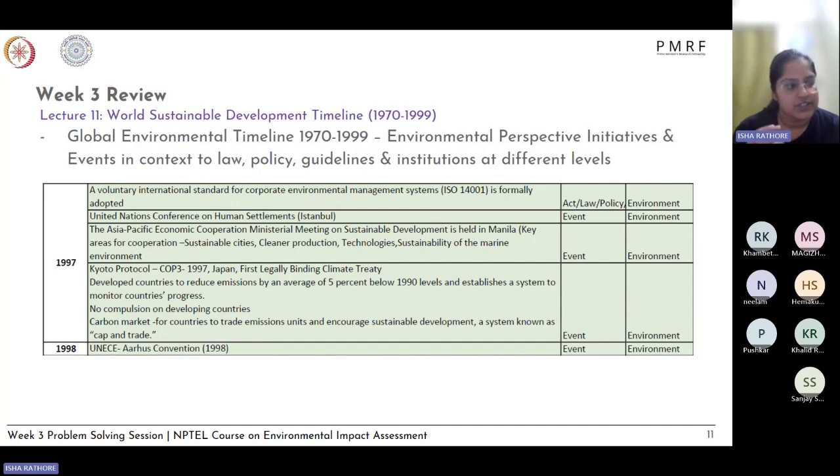They take the emission credits, but give some monetary compensation which helps in their development. So this is the cap and trade system. Then in 1998, we also had the Aarhus Convention. We will see the Aarhus Convention later on also.